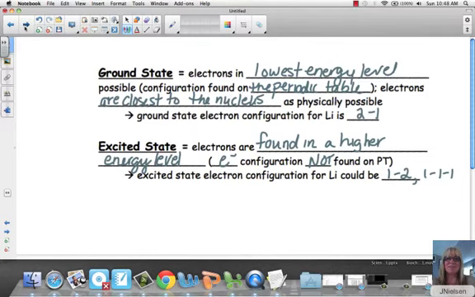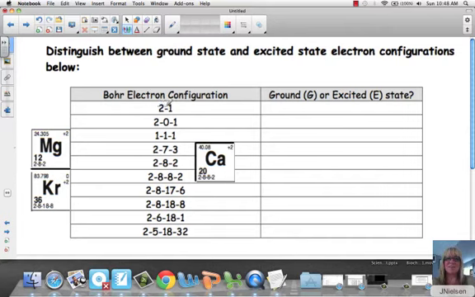Let's do some practice ones. So 2,1 we know is already, we just did this one. This is lithium. So we know that this is found on the periodic table, so this is ground. 2,0,1 is not found anywhere on the periodic table.